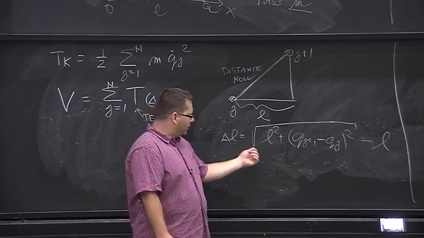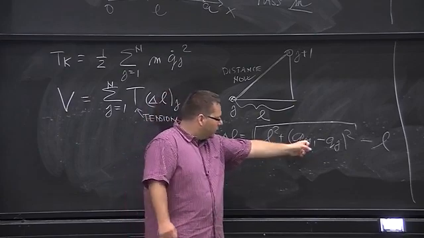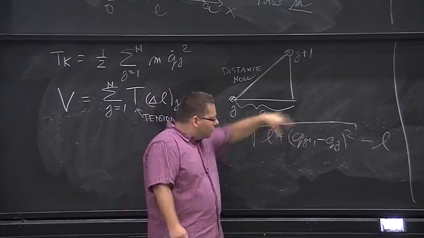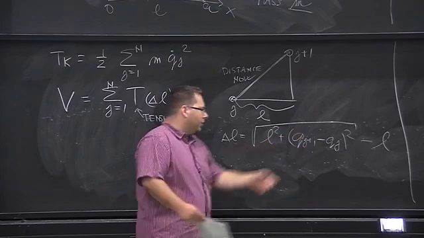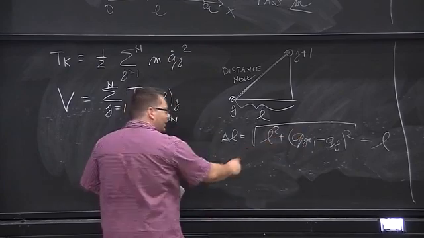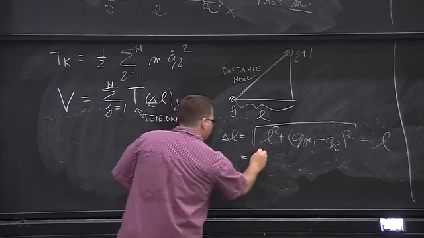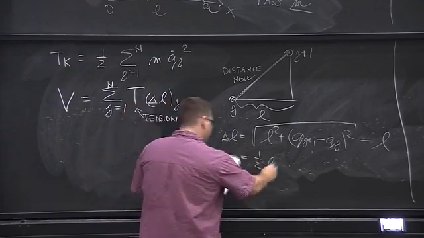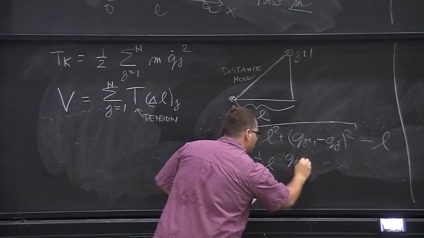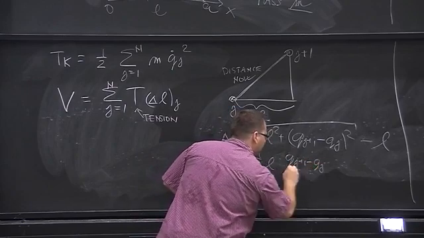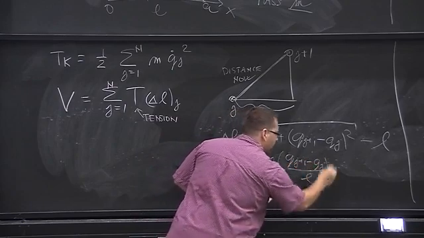What you get is L times the square root of 1 plus this thing over L squared, so there will be 1/2 of this thing here. Then L cancels L, and to the first approximation, we just get 1/2 L times qj plus 1 minus qj divided by L, squared.